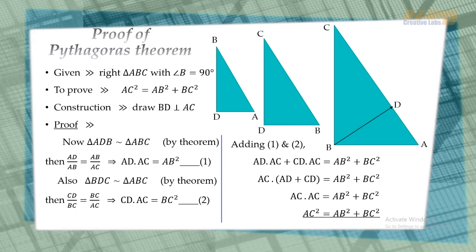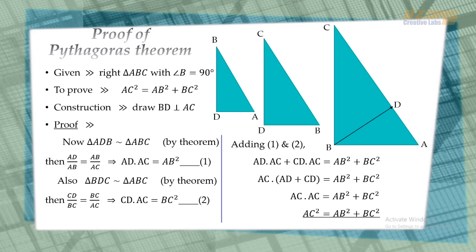So first we will compare the smaller one and the bigger triangle. Triangle ADB is similar to triangle ABC. If both the triangles are similar, we know that all sides are in the same ratio. Now I will take AD by AB is equal to AB by AC.